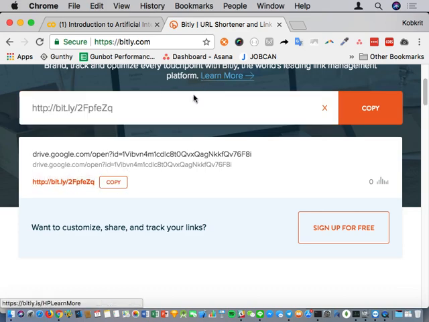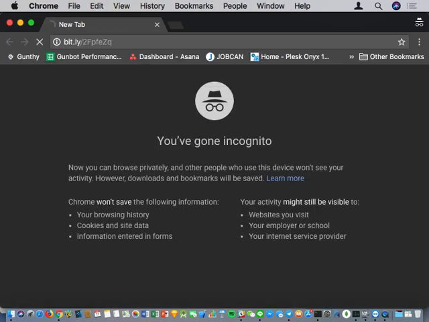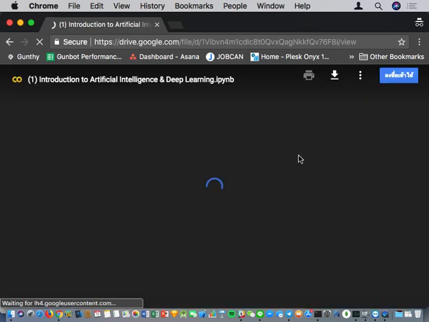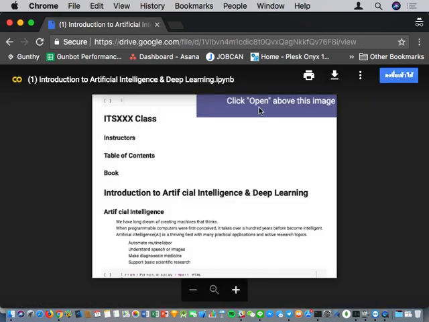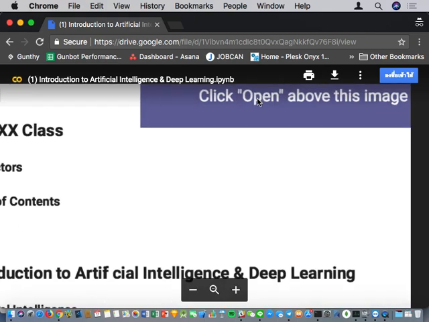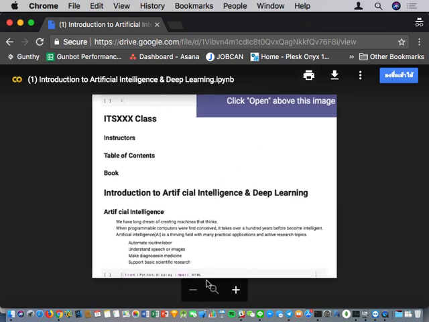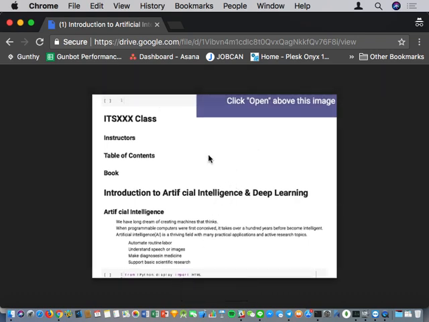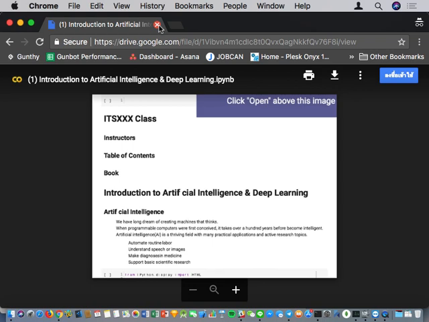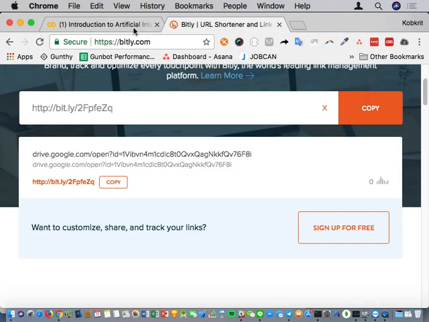Okay, so it will look like this. When you get this, you just click open. I think you need to sign in to open it, and then you can use the Python notebook.